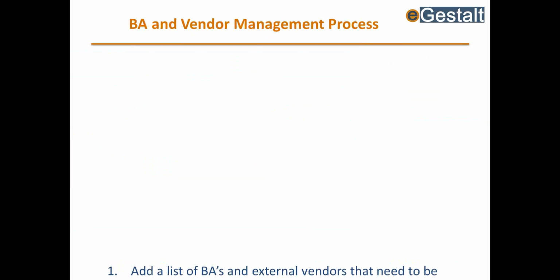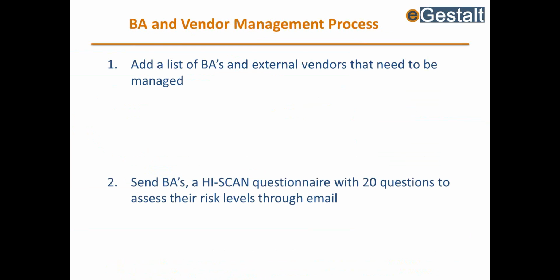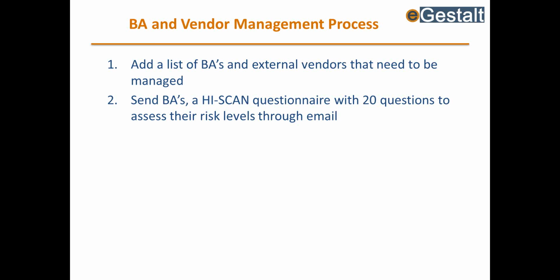So how does the tool help you with the BA and vendor management process? The first step is to define who your BAs and external vendors are that you want to get towards HIPAA HITECH compliance. The tool needs their email addresses and contact information, and each of the business associates will be sent a list of 20 questions. So the 7 steps that I talked about translate into 20 questions that are then sent via email to these BAs.